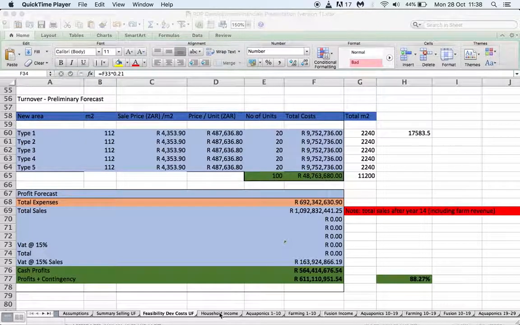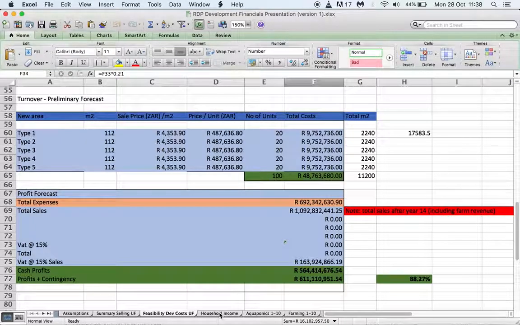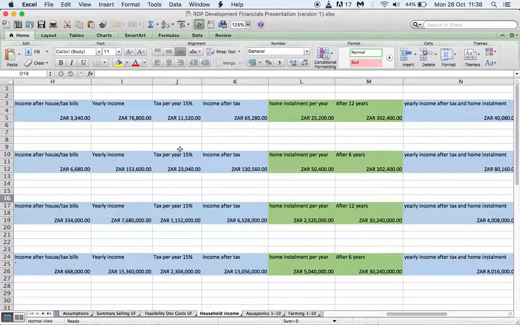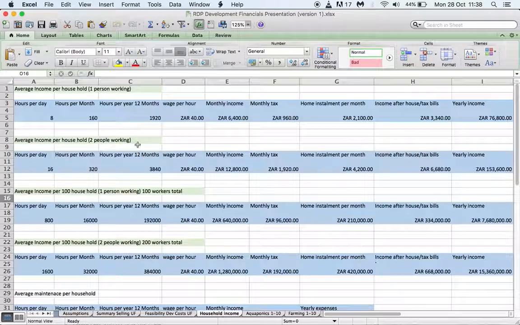And then on the next page, we show the average income per household for one person and for two people. Looking at one person, they work 8 hours a day, and here it shows how many hours per month, how many hours per year, and minimum wage.